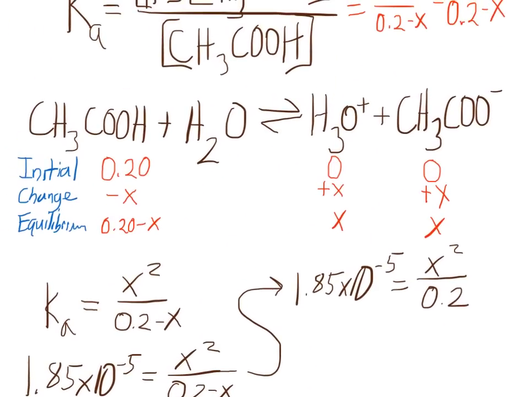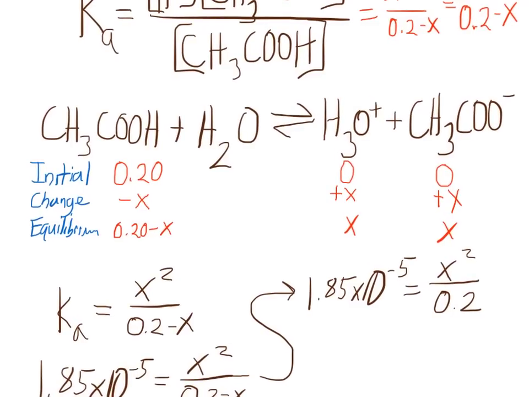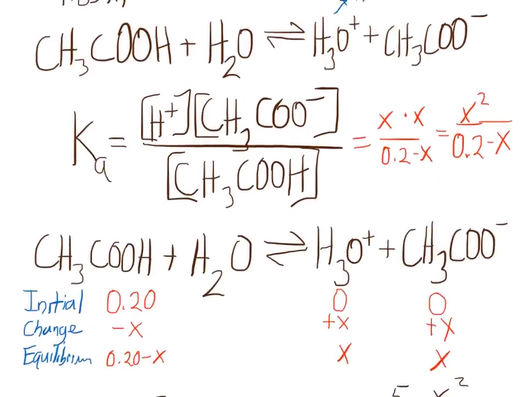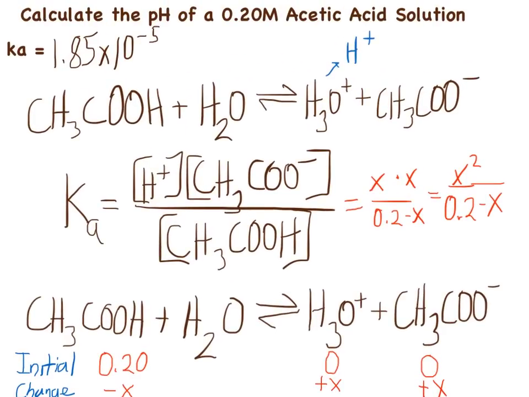Remember, x equals a lot of things, actually. X equals the concentration of the hydronium ion at equilibrium, and the concentration of the conjugate base at equilibrium, and it also equals the amount that the acetic acid loses to reach equilibrium. But all that's important is that x equals the concentration of the hydronium ion, which, if you remember, I told you is equal to the hydrogen ion.